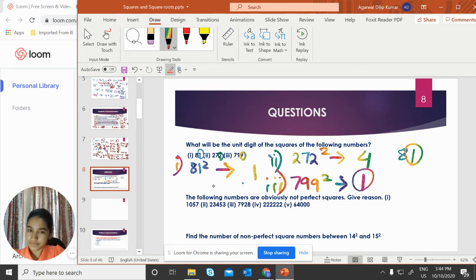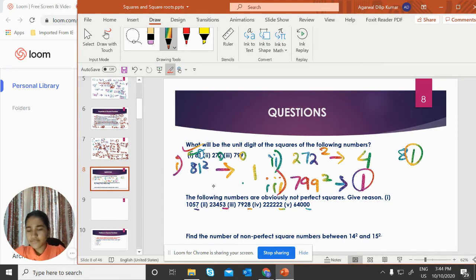Okay, fine. Let's go to the second question. The following numbers are obviously not perfect squares. Give reason. The numbers given are not perfect squares, but why do they say it with so much confidence? Let's see what they mean. 7, 3, 8, 2, 0. If you notice, in the first 4 numbers, the numbers are ending with 2, 3, 7, and 8.